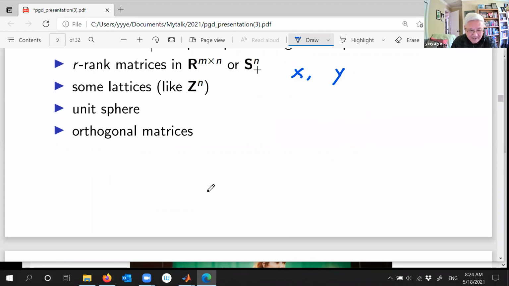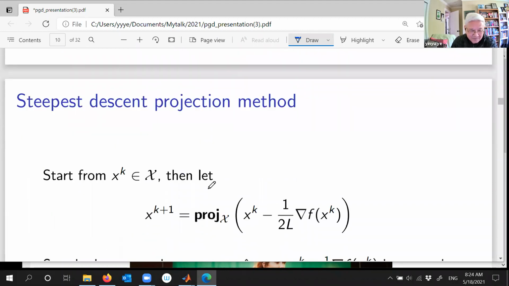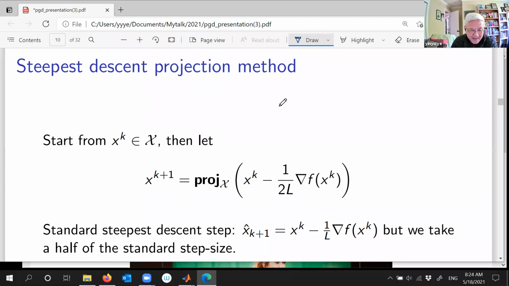Then the question is, what's the method? The method is very, very simple. We take a steepest descent step. If we have no constraints, we just take x_{k+1} equal to x_k plus the steepest descent direction with some step size.